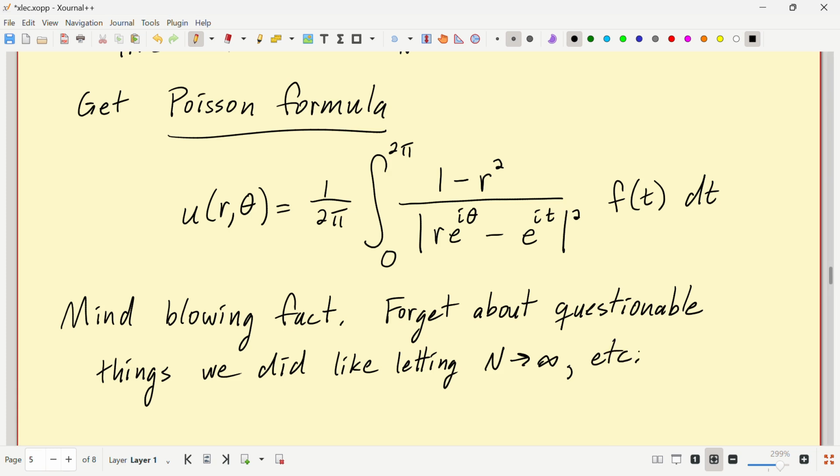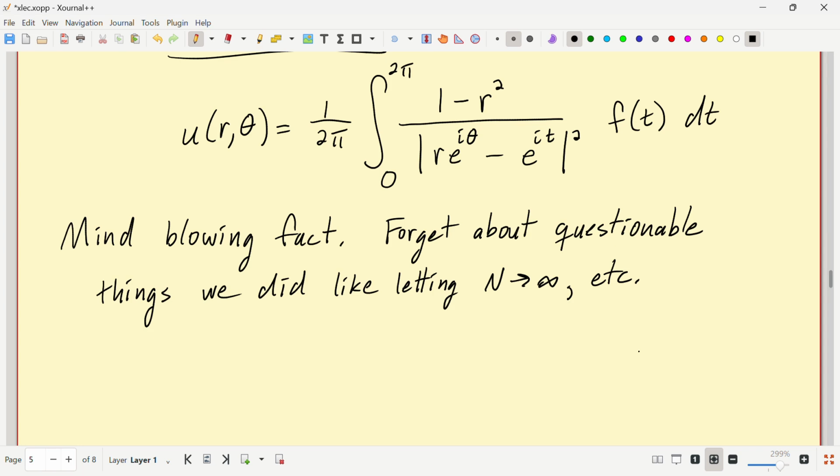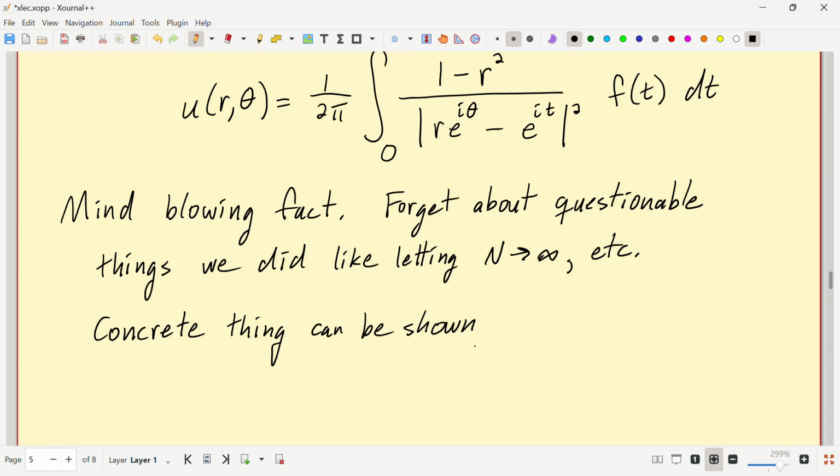This concrete thing can be shown to solve the Dirichlet problem. Another thing I haven't shown you is the nitty-gritty algebra of adding up those geometric series.